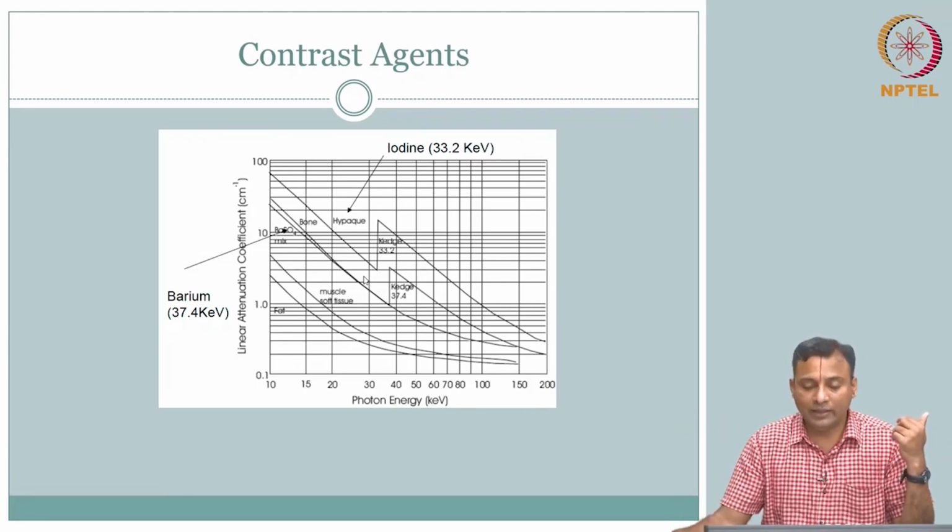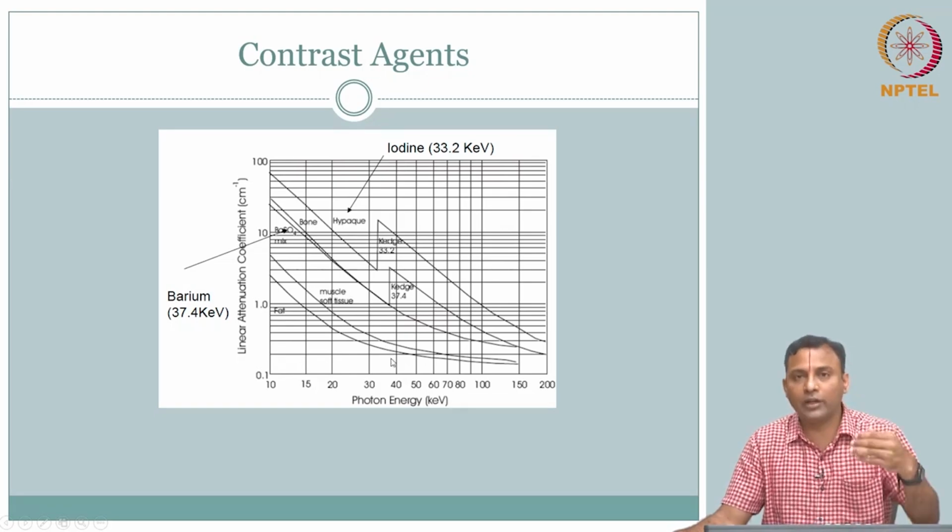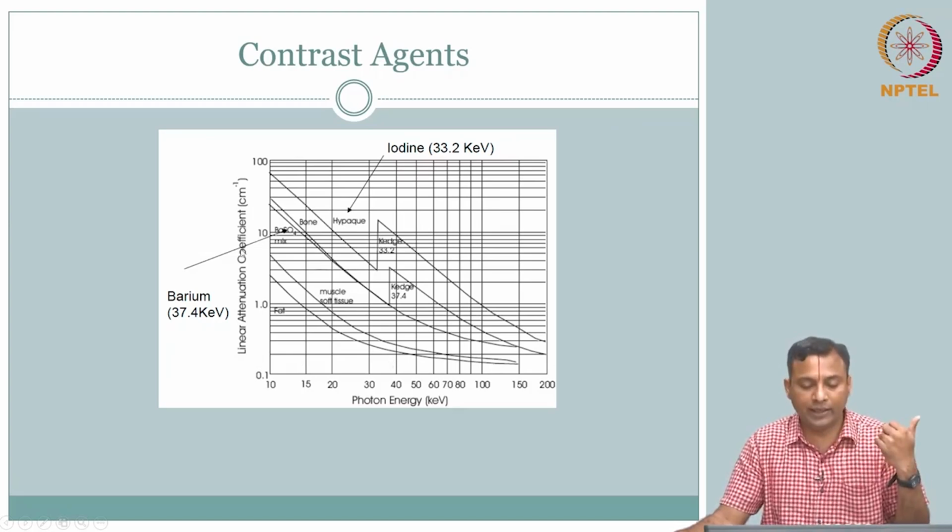It turns out that if you choose your compound so that a material property, the K shell binding energy, is close to your diagnostic X-ray energy, there is a benefit. Here are examples of an iodine compound and barium, where the K shell binding energy falls within the X-ray energy of interest.